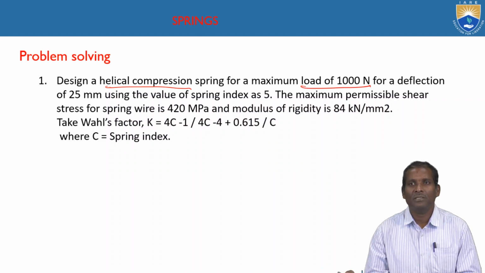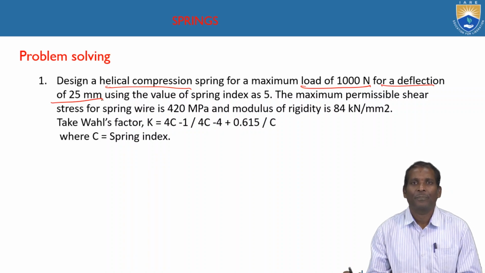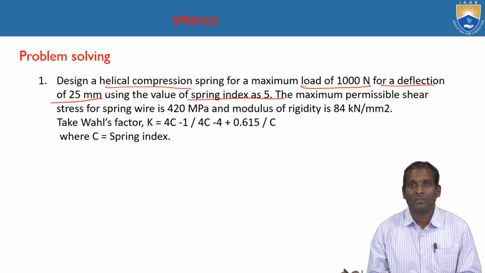It means the spring should withstand 1000 Newtons for a deflection of 25 mm under this maximum load, using a spring index of 5. This spring index is very important when designing a helical compression spring. Already we have studied it in the introduction part.